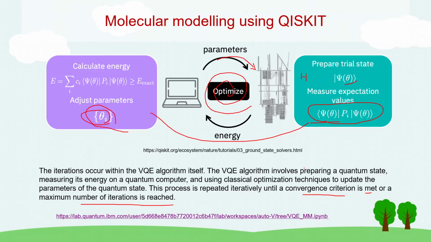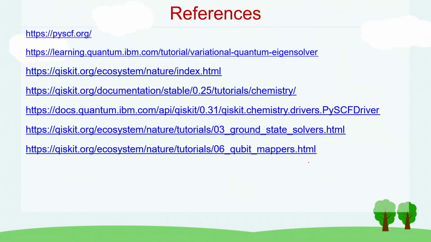So as you have seen, it's a very simple problem to do molecular modeling or molecular simulation. And these are the references I have used. PySCF is a very, very important one, because it works not only with Qiskit, it works with many other tools.